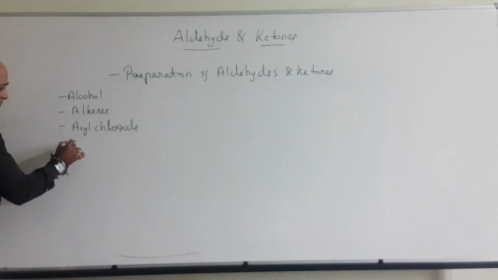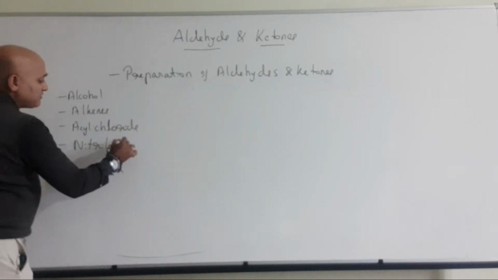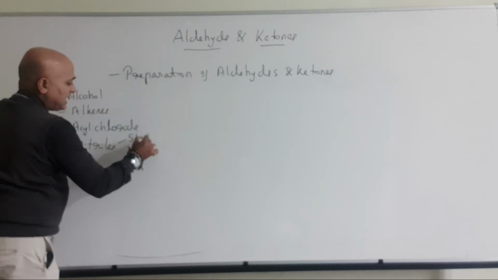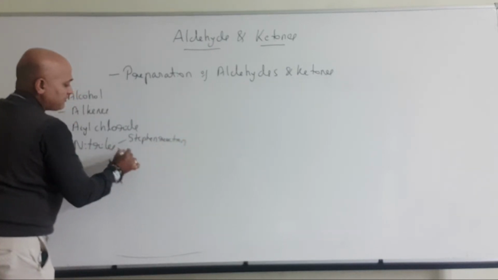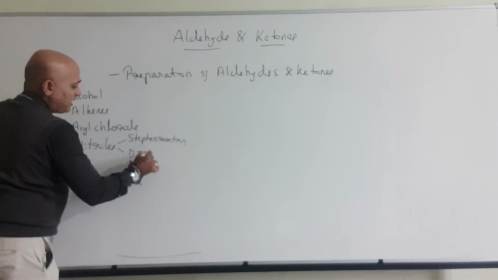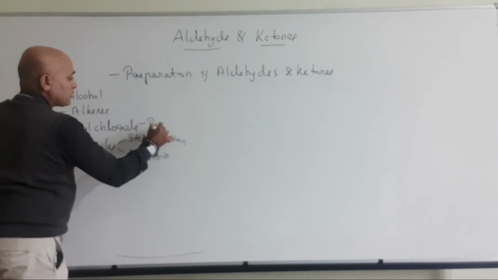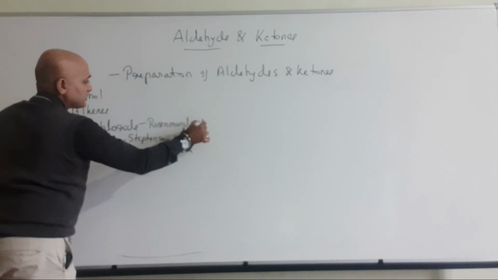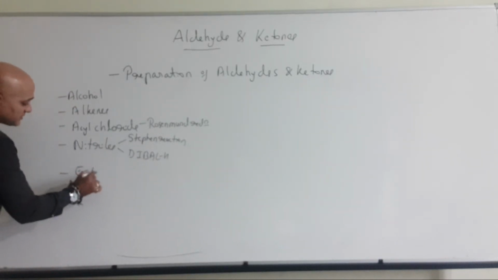Then preparation from nitriles. In the nitriles, we have discussed two types: one is the Stephen reaction, and another one is by using DIBAL-H. And from acyl chloride is nothing but the Rosenmund reduction reaction. Okay.